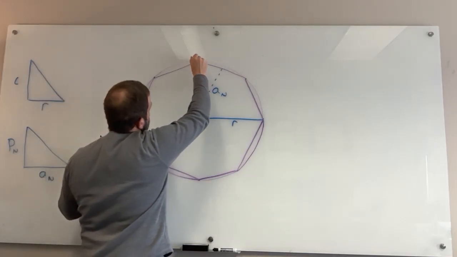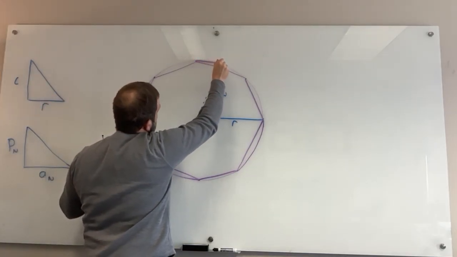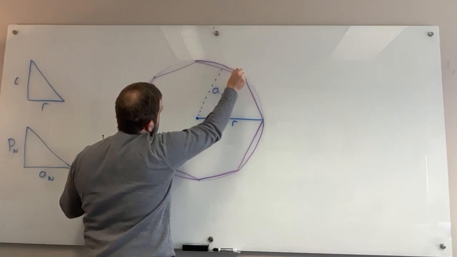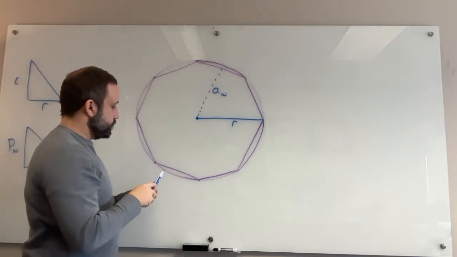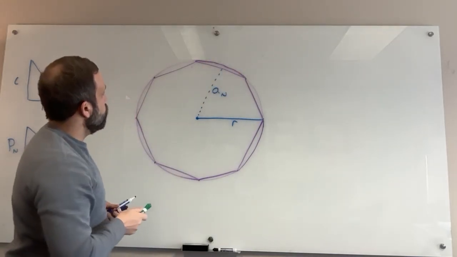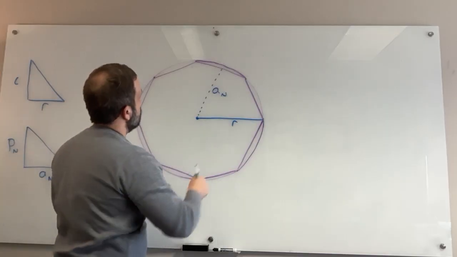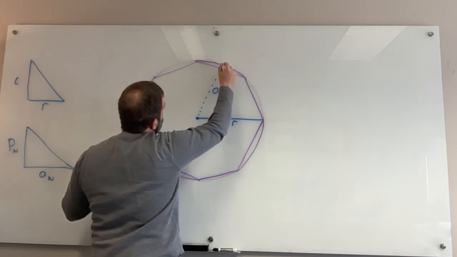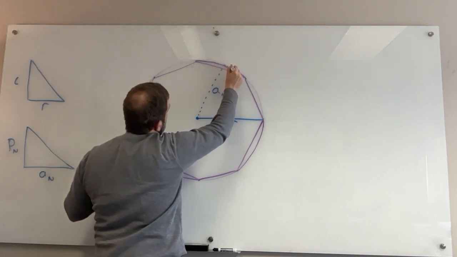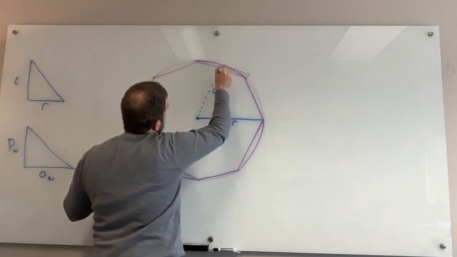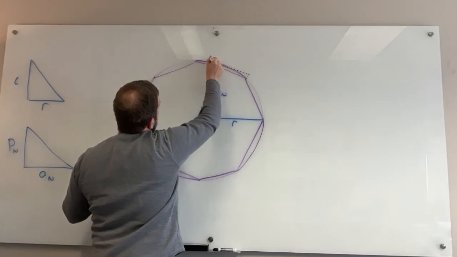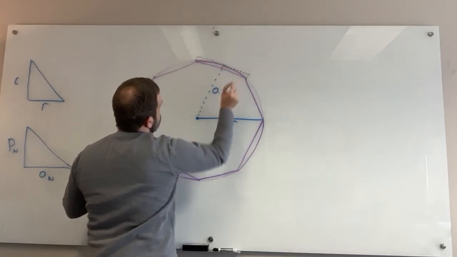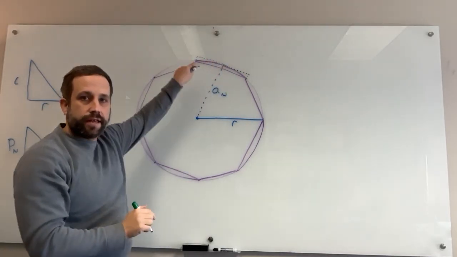I'm going to fill this circle in a little bit better because it's kind of hard to see. What I'm going to do is put this little piece inside a rectangle whose height is going to be this distance here, and whose base is going to be the side length.